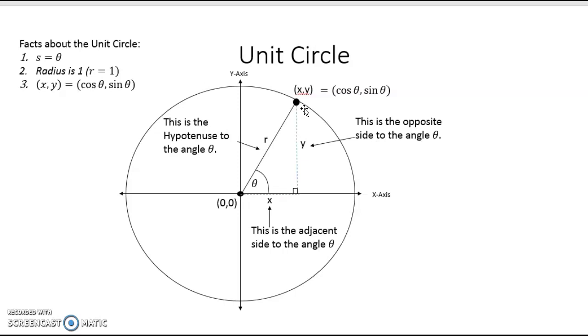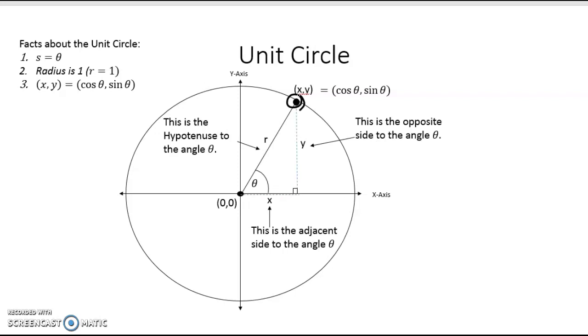We're trying to find points on this unit circle. So we have this point right here. We're just going to call it xy. On the rectangular coordinate system, we're used to calling a point xy, so we're going to use the same terminology here, but we're going to tweak it in just a minute.